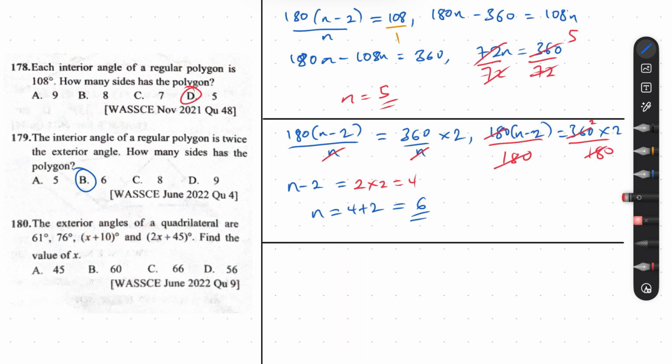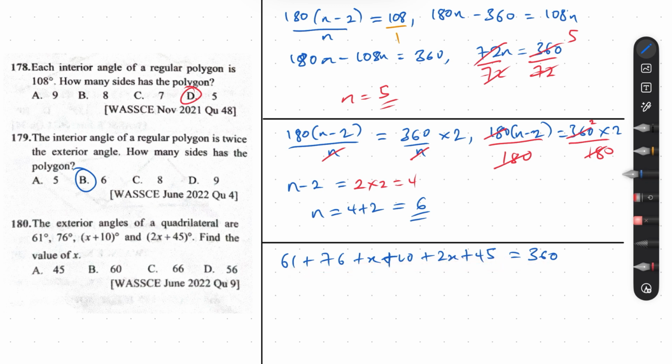So 61 plus 76 plus x plus 10 plus 2x plus 45 equals 360. We just need to solve this equation for x.